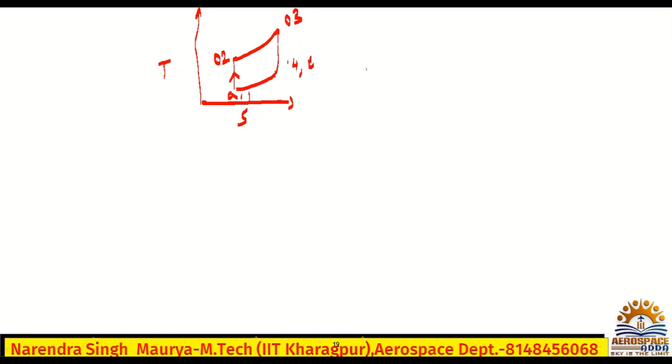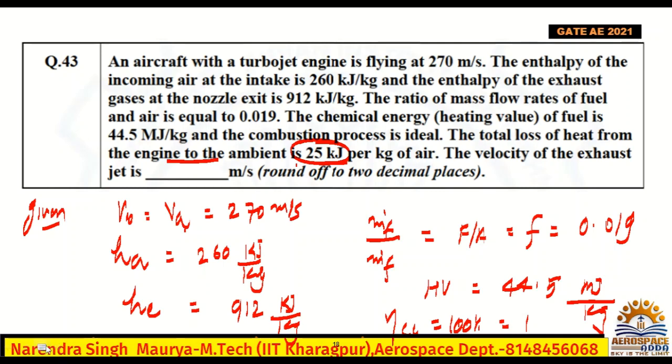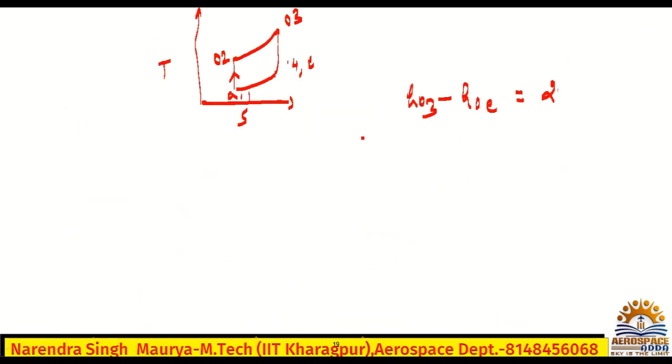In this diagram you can understand that the total loss of enthalpy is H naught 3 minus the total at the exit, which will be ambient, so H naught E. This loss is given as 25 kilojoule per kg of air.